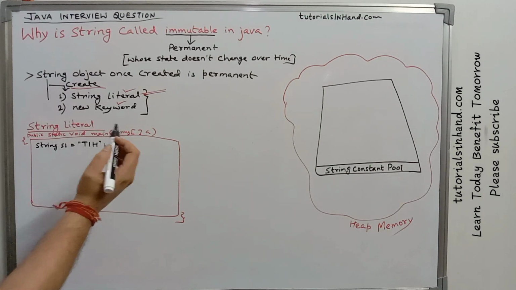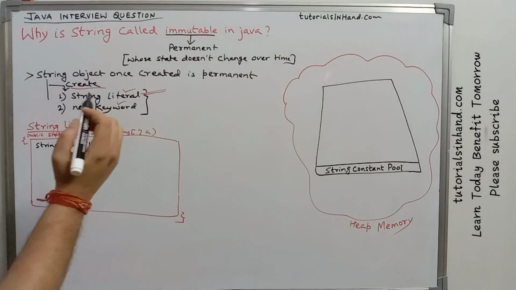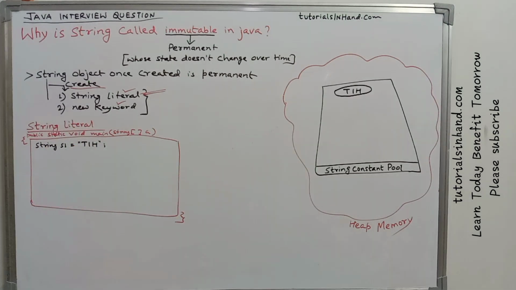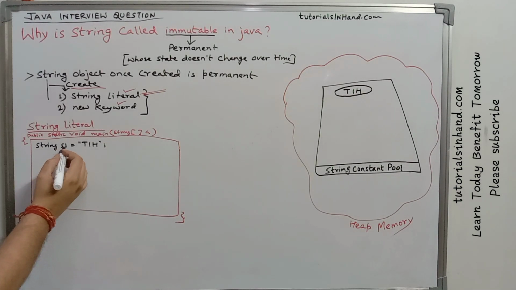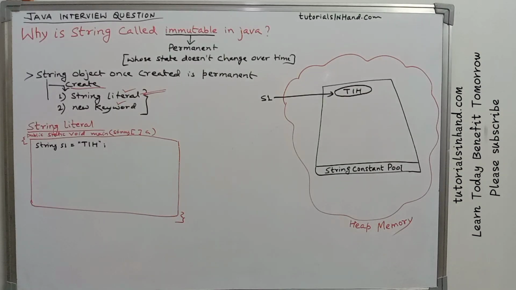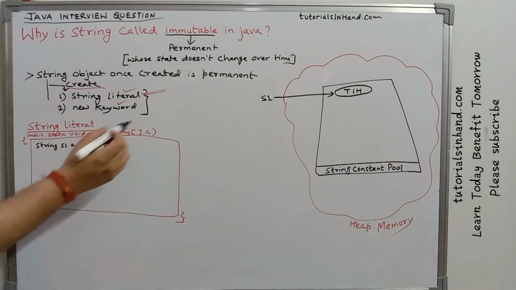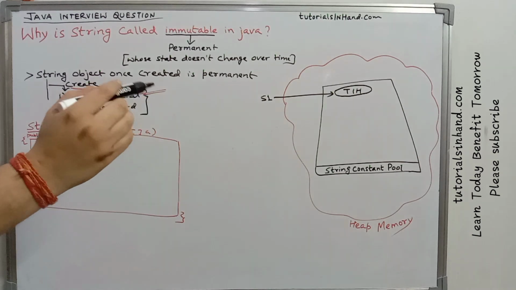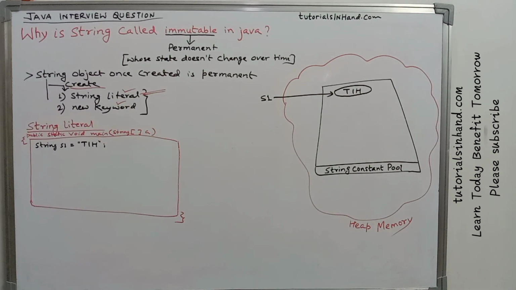So one object will be created in the string constant pool with the TIH value. Now TIH is created, and s1 will refer to it. Once you write this line, s1 will refer to the new object created within the string constant pool.